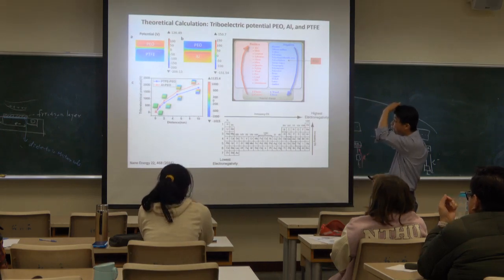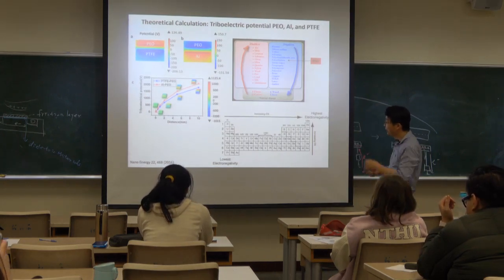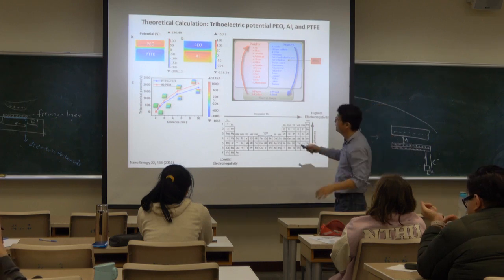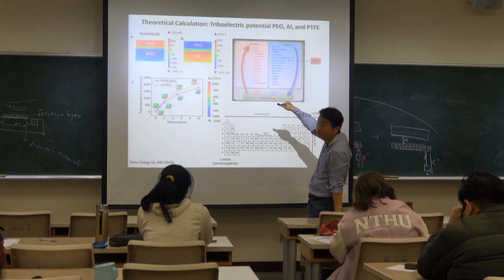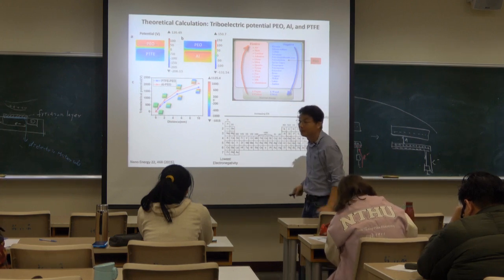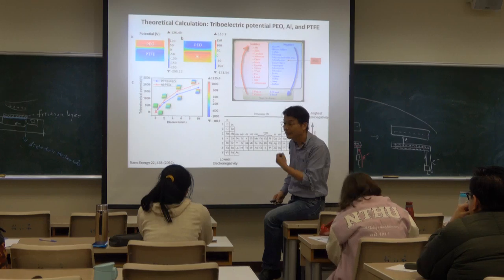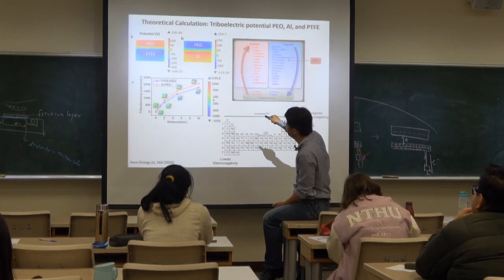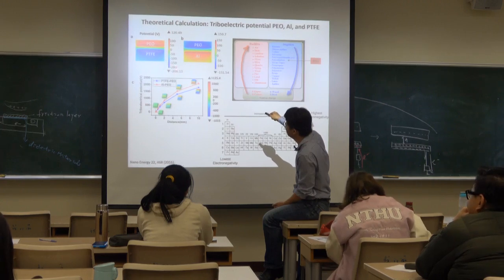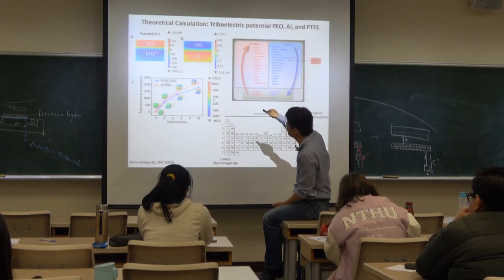So this is also a simulation. As I mentioned, PO is positive and Teflon is more negative, because PO tends to carry positive charge, right? So as you can see here, it's more negative charge.